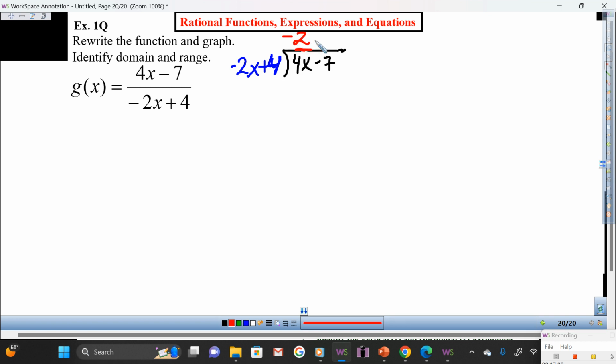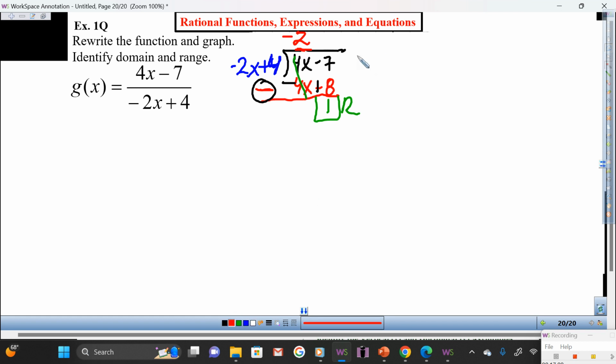Negative 2, that is correct. So negative 2 times negative 2x, that's positive 4x. Negative 2 times 4, that's negative 8. Subtract, and what did I ask you to do? Circle that, distribute that here and here. So, this cancels. 8 minus 7 is 1 as my remainder.